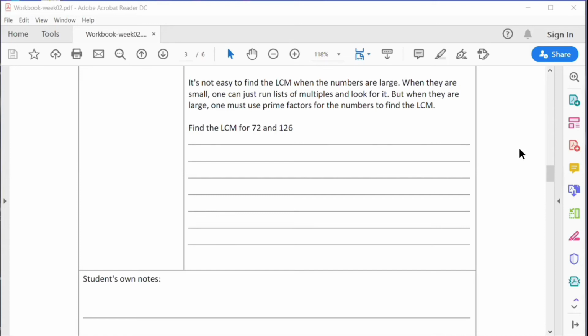And that is where you need to use prime factors. Have you heard about that before? Any number you can break into prime factors.